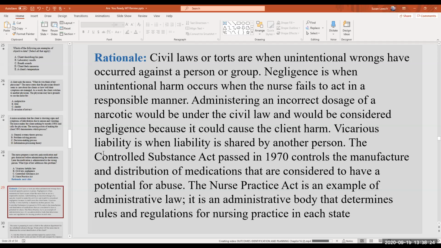So the Nurse Practice Act is an example of administrative law. It's an administrative body that determines rules and regulations for the nurse practice in every state. And the Controlled Substance Act in 1970 controls manufacture and distribution of medications that are considered to have a potential for abuse. So when we deal with the Controlled Substance Act, that's usually when you're dealing with narcotics on the floor, okay?